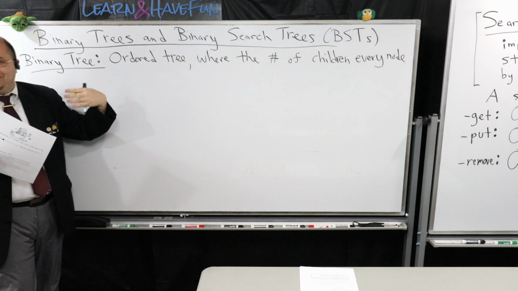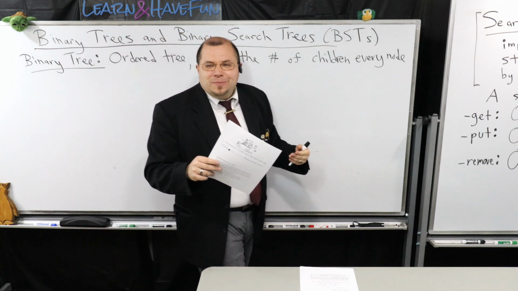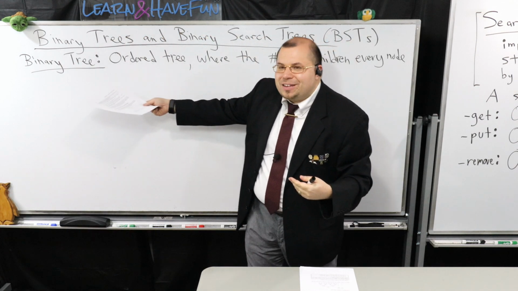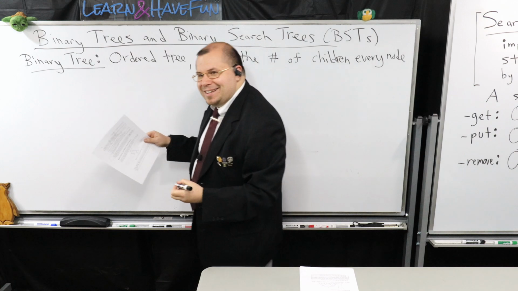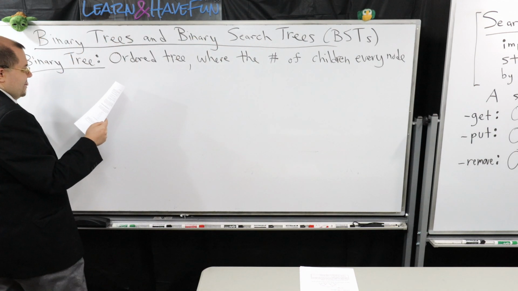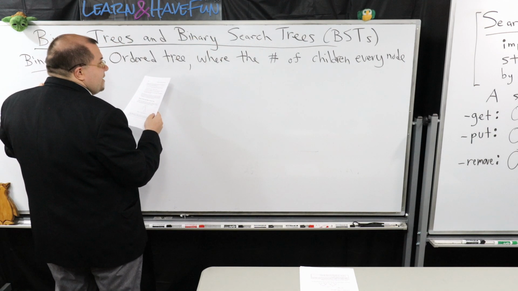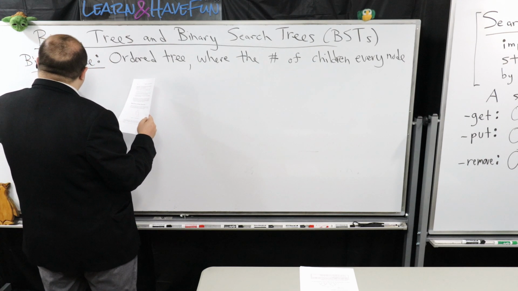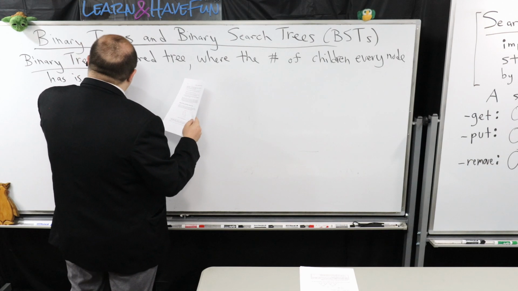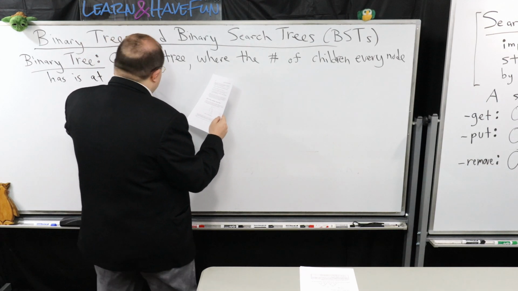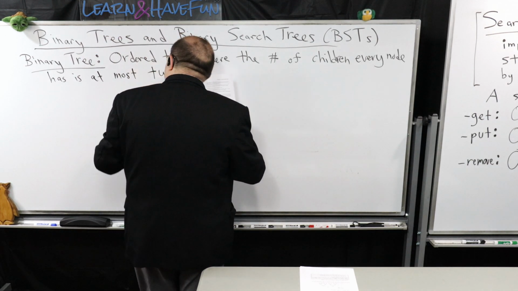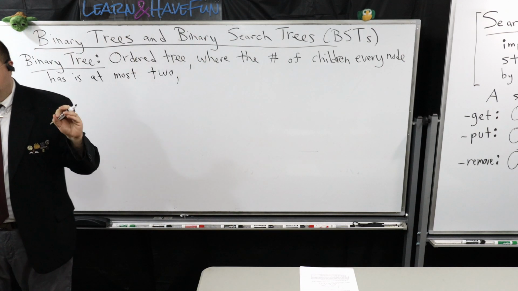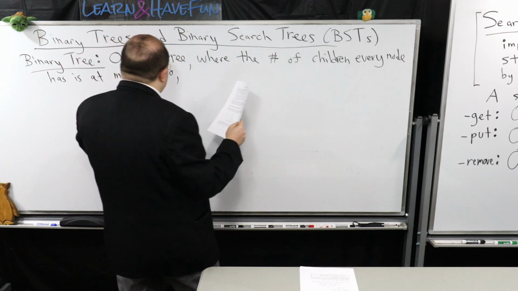When you see the prefix "bi," yeah, two. The number of children every node has is at most 2.